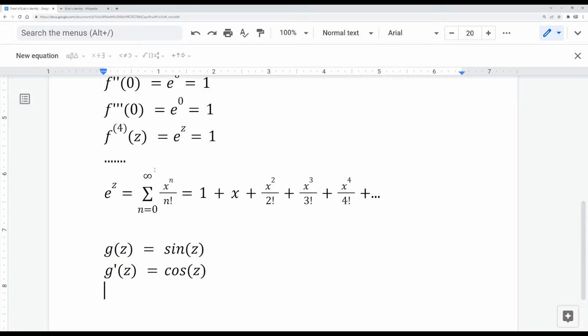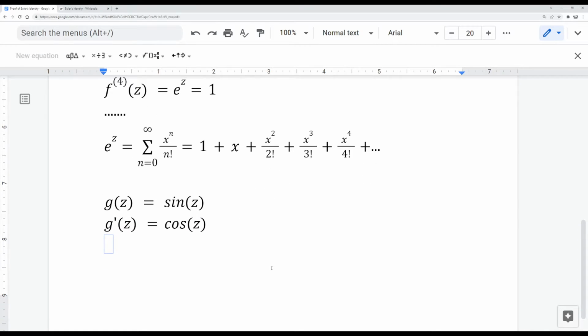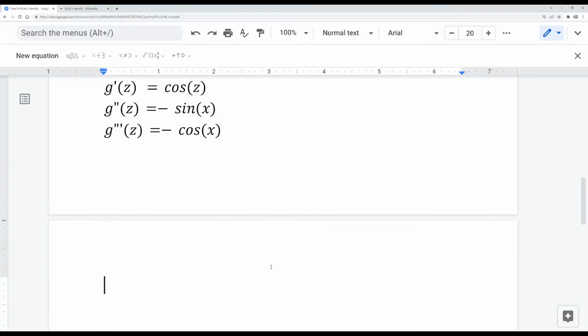Again, not x. Second derivative equal to negative sine z. Third derivative equal to negative cosine of z. And fourth derivative goes back to sine of z.